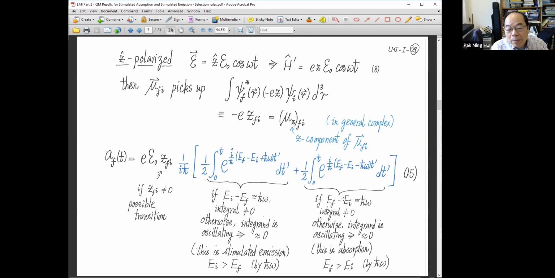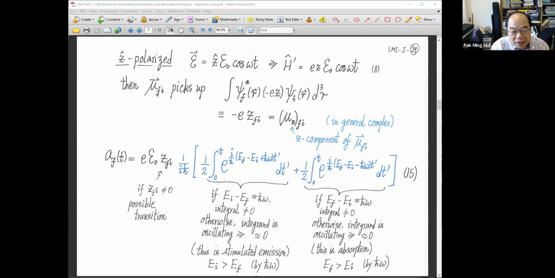The second term is absorption condition. Okay, so I want to pause here. If you have any questions, we see some physics. One term is absorption, the second one.